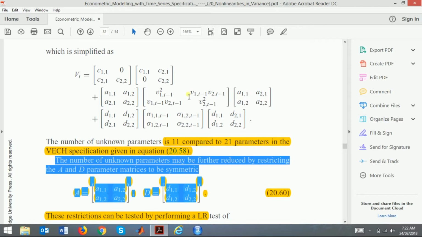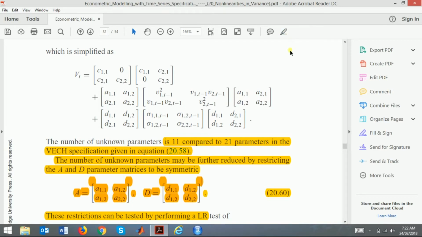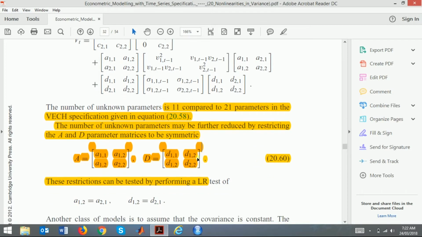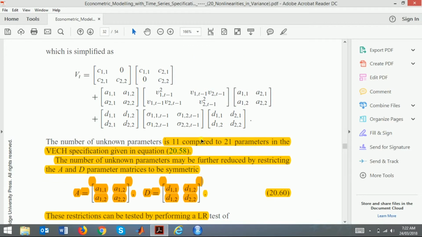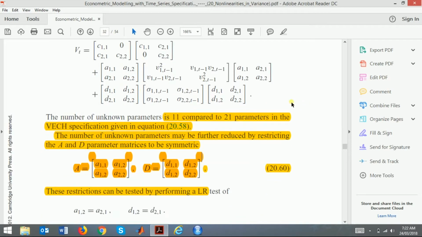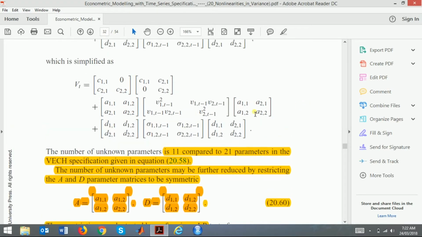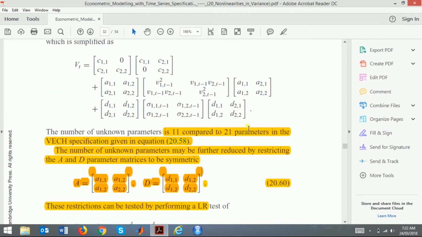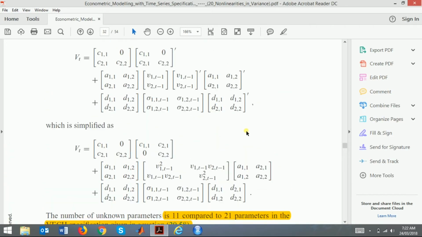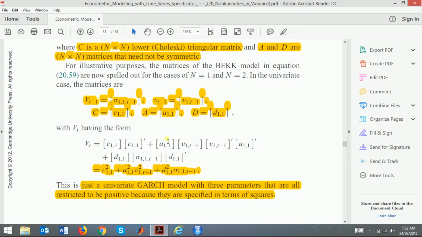So when we have symmetry, on page 32, a very important condition, if the elements are symmetric, the number of dimensions drops more and more. This is constant, so we have zeros. In case of non-constant, that equals 1. They're symmetric, so parameters actually reduce more.